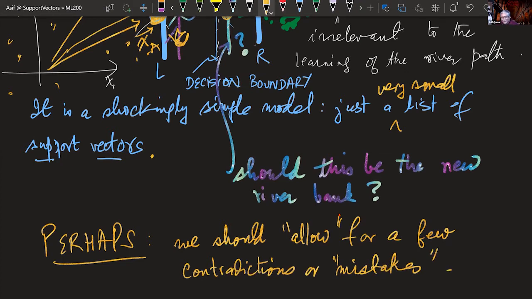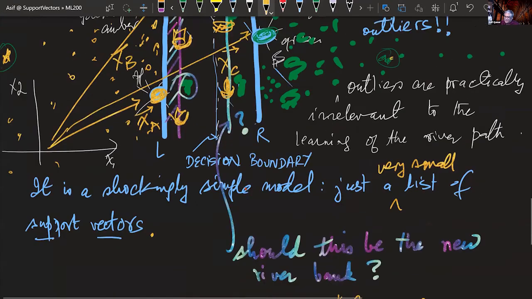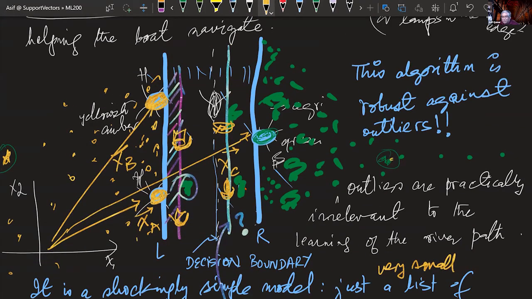Would you agree that you don't make your decision boundary, don't agree on your river banks just because you met one or two points. Meet sufficiently many points before you're sure that you have hit the river bank with the population on it. Likewise, on the other side, meet enough trees before you decide that, okay, now we are talking of the other river bank on the agricultural side.